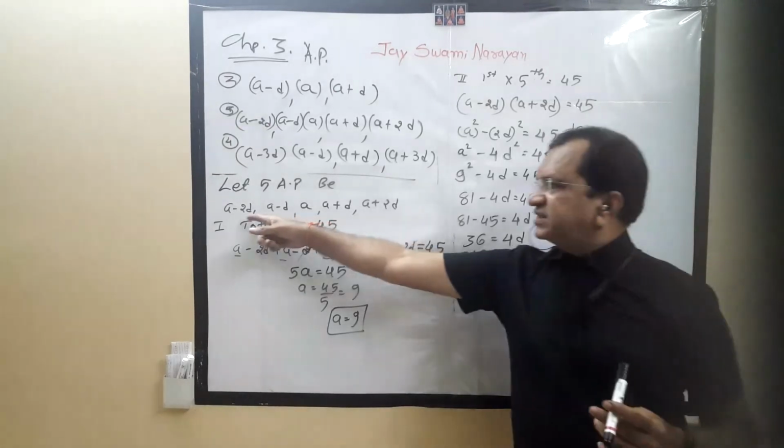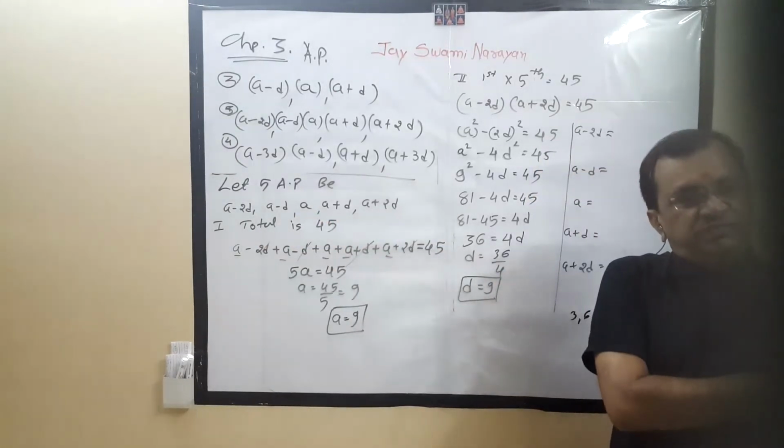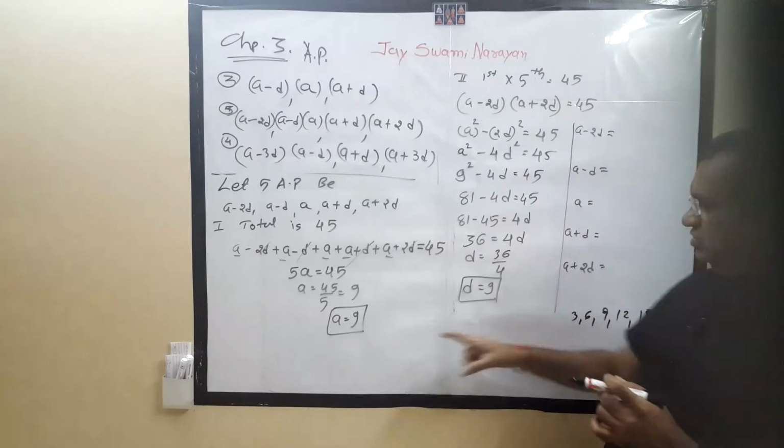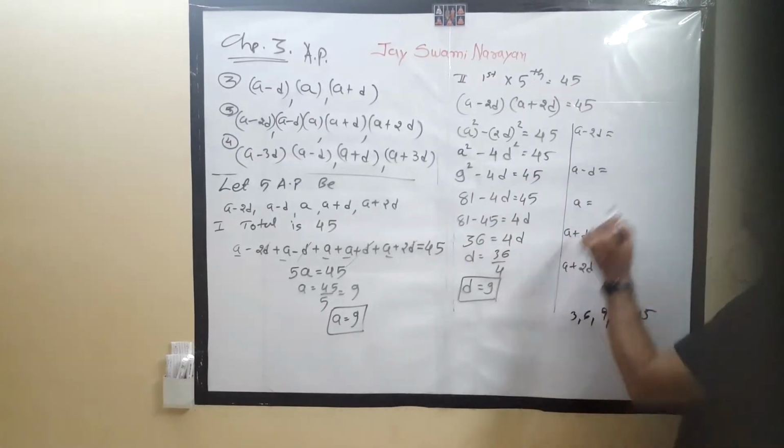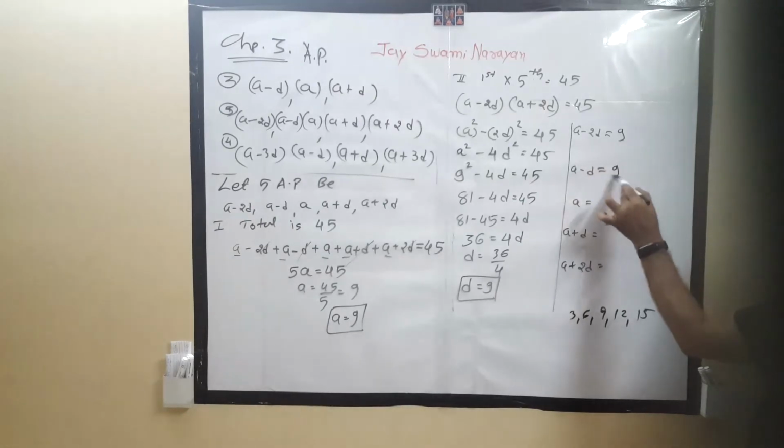Whatever the 5 numbers I have assumed, now I got a and I got d, both, so I will substitute. So a is equal to 9, first is a.